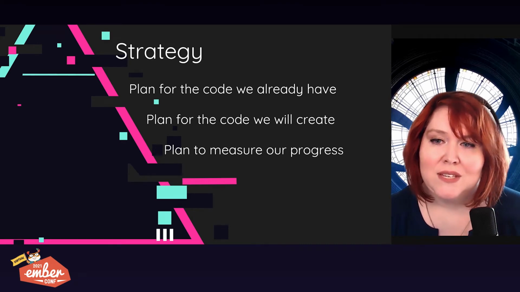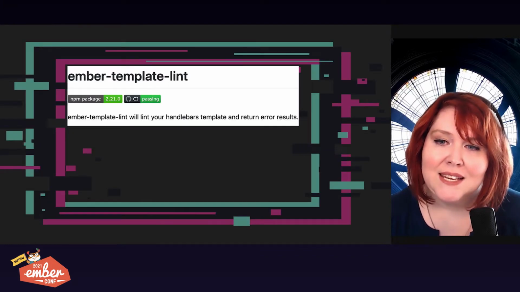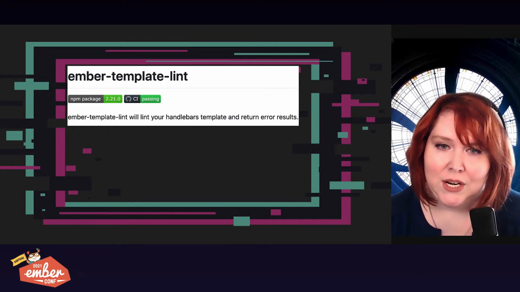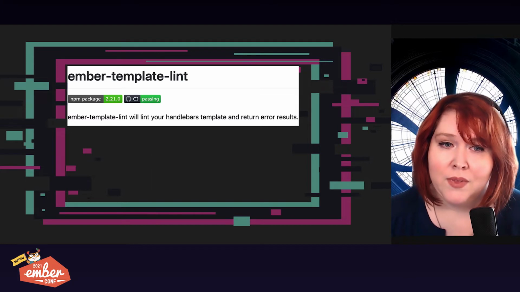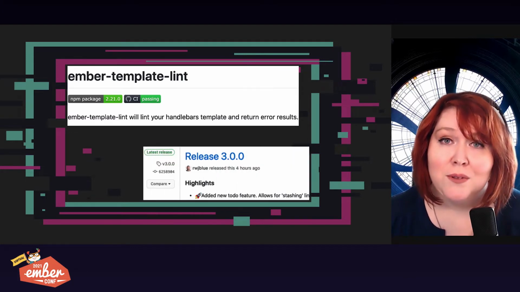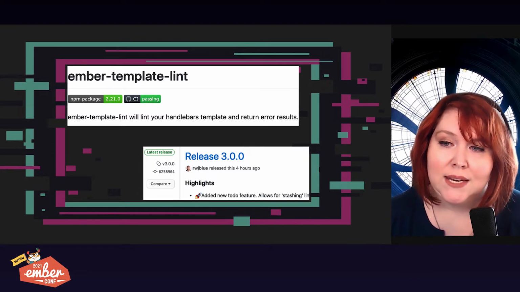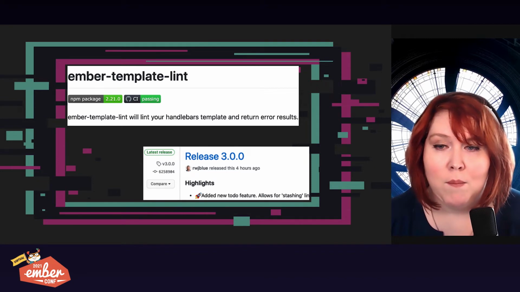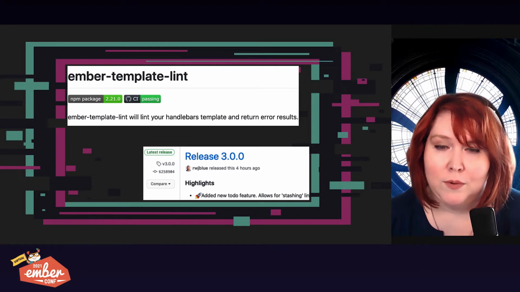But before we dive into that, I have some exciting news to share with you. We have already started on this continuous accessibility journey with the newest version of Ember Template Lint. As of the latest version, no longer in beta, we deliver template linting in such a way that it ensures our code has a path to become more accessible if it already exists, and that our future code will be more accessible by default.